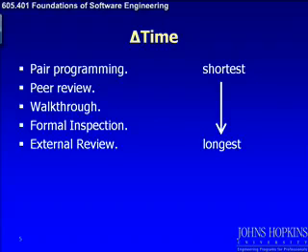An even shorter amount of time, though, is something called pair programming. And this is something we've seen used in some of the agile programming techniques, such as extreme programming. And the idea here is that a person doesn't work on a work product by him or herself, but in fact, we work in pairs.